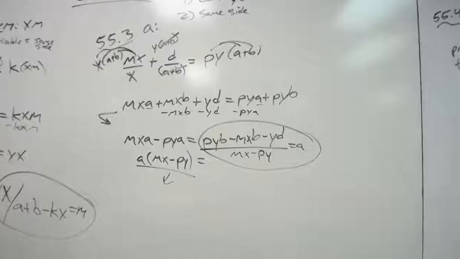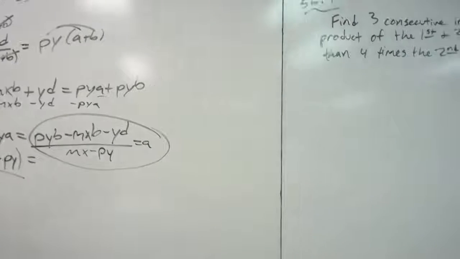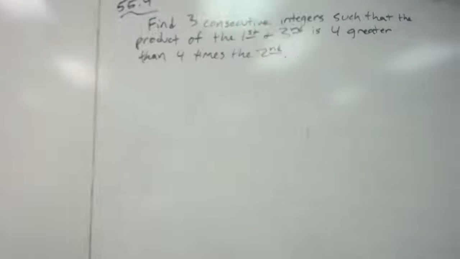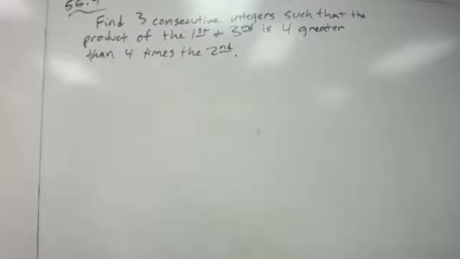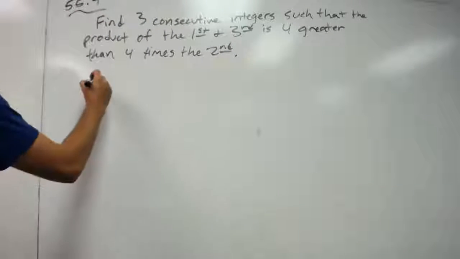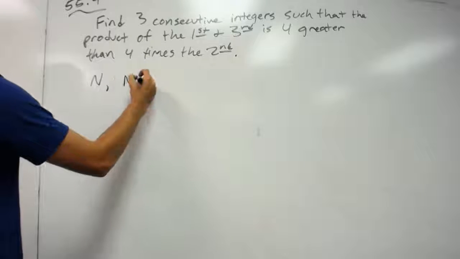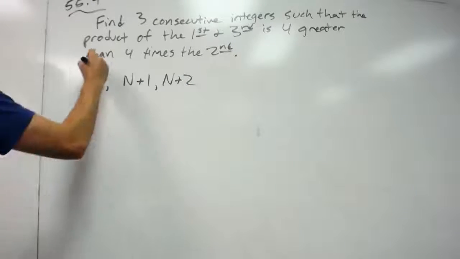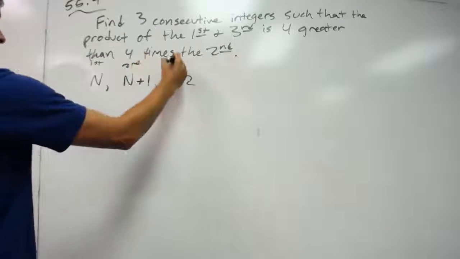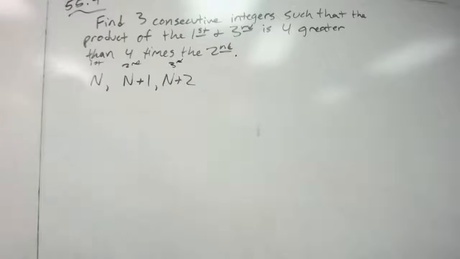Now let's look at, in addition to one word problem we've done, consecutive integers using quadratic equations. So we've done find 3 consecutive integers before, and we know that that means n, n plus 1, and n plus 2. This is our first, second, and third. Such that the product, okay, so now we have something a little different.